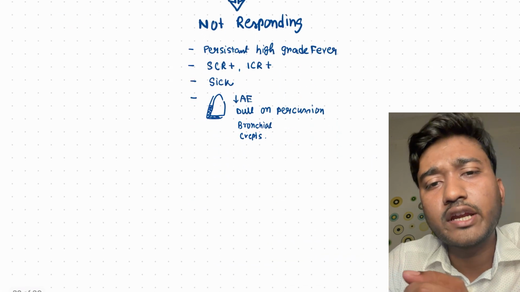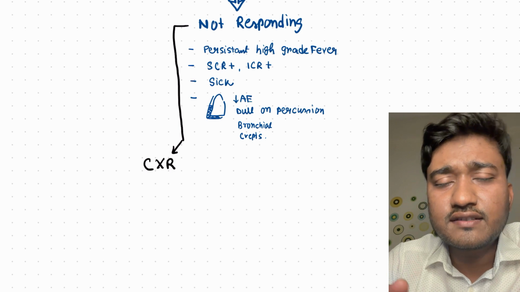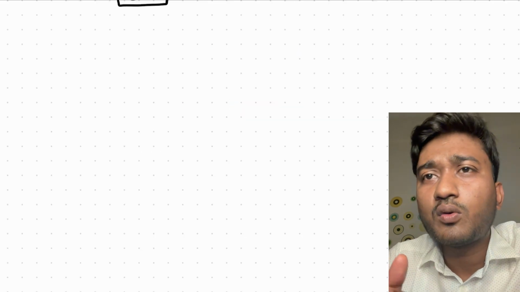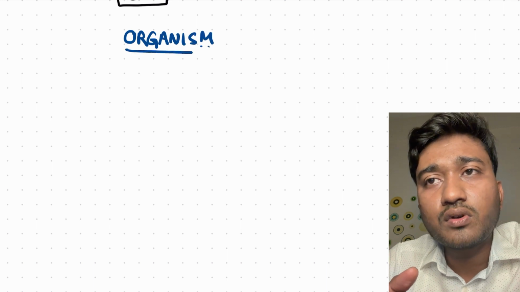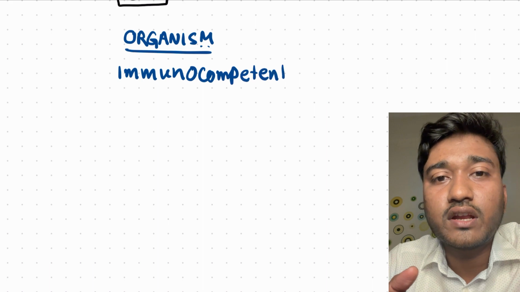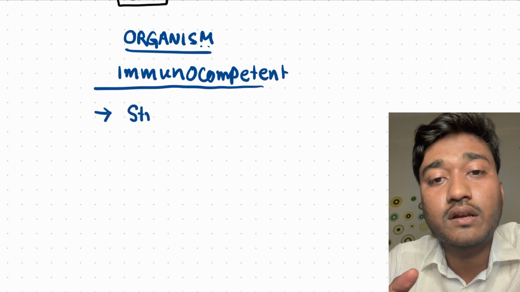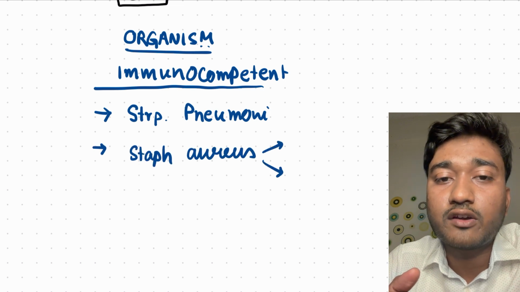So what would you like to do? A few investigations. But before investigations, let's discuss the probable organisms in this case. If the patient is immunocompetent, mostly the organism would be Streptococcus pneumoniae or Staphylococcus aureus. Please don't forget Staphylococcus aureus. It may be methicillin sensitive, methicillin resistant, or vancomycin resistant.